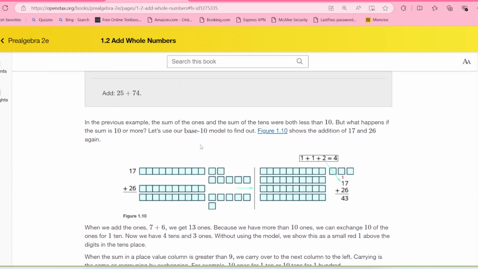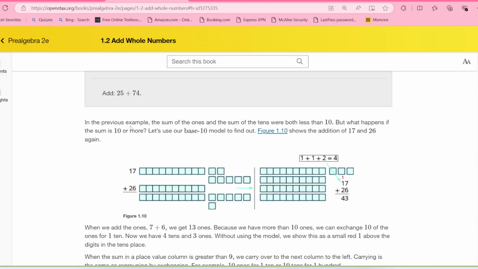All right, so then they talk about what happens when I line up these place values and the sum is bigger than 10, 10 or more. So far, we've seen sums of digits in place values that were under 10.